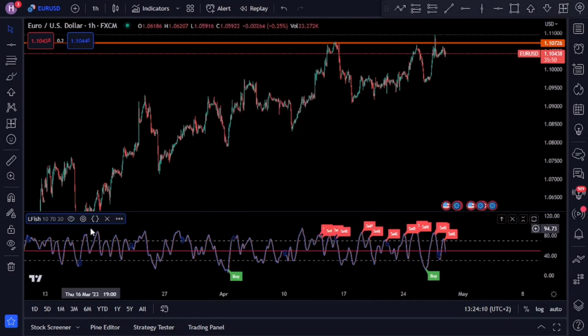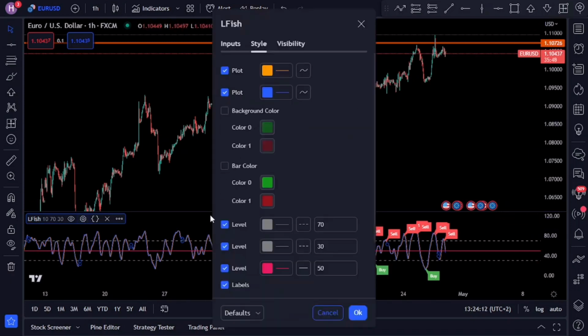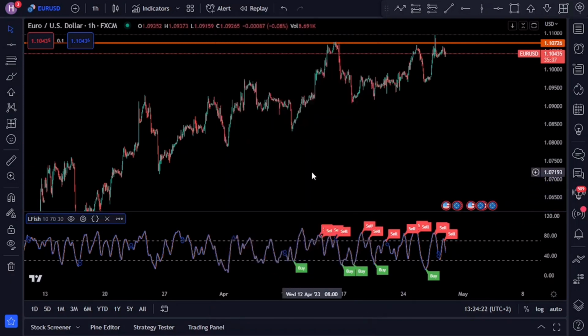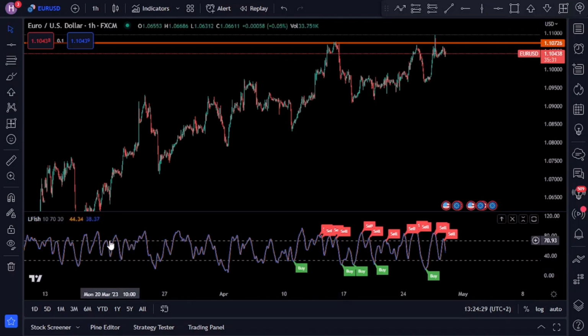Next, under the Styles tab, we are going to unselect the middle level and update the upper limit values and the lower limit values to our new values that we used under the input section. By doing this, you'll be using the basic levels of the RSI or Relative Strength Index for oversold and overbought conditions. This means that the indicator will be even more accurate in identifying the moments when prices are either undervalued or overvalued.